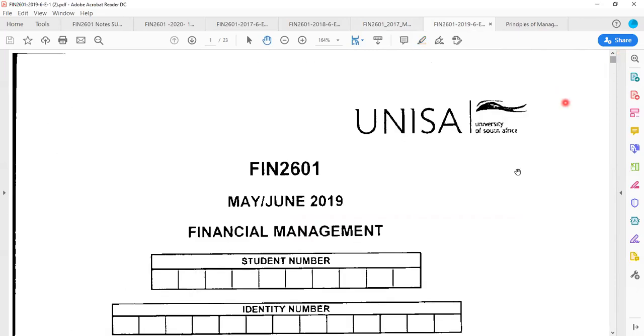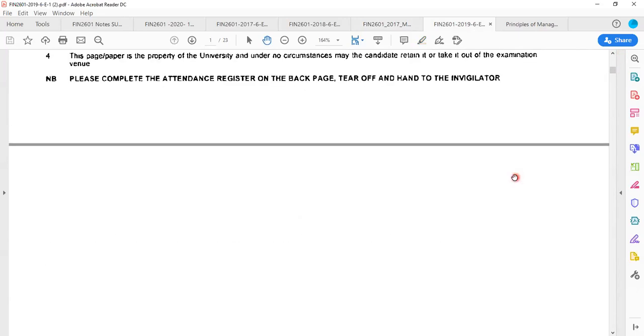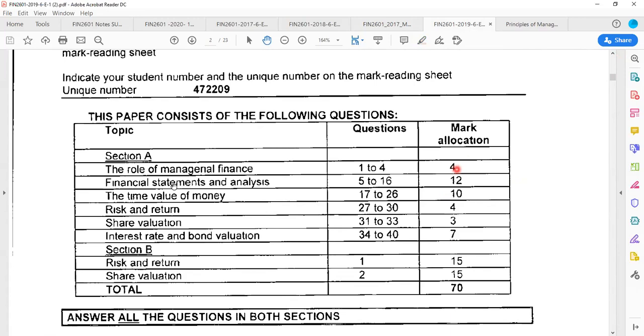So it's really important. Like I've been showing you, if you look at the beginning of the paper, there were 12 marks on financial statements and analysis. So there are usually a lot of marks here. Okay, so I'll take you through this, and then I'll show you how you can do some calculations.